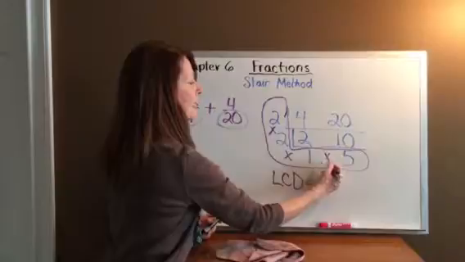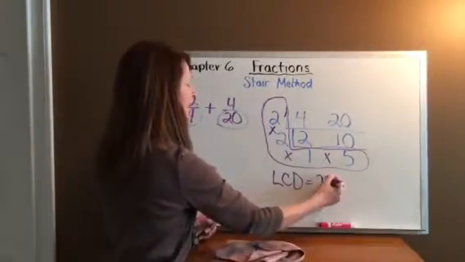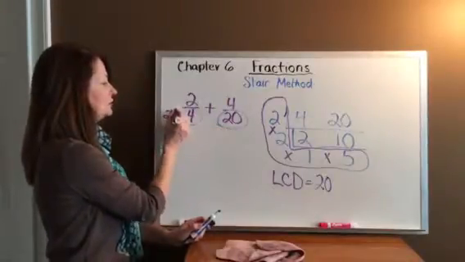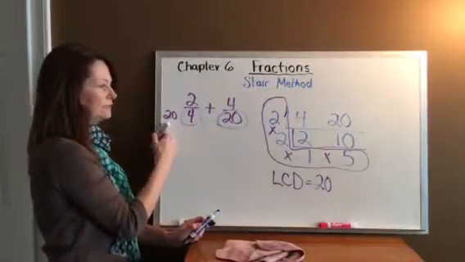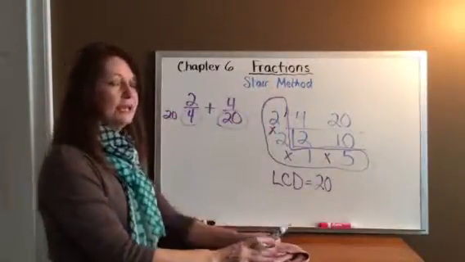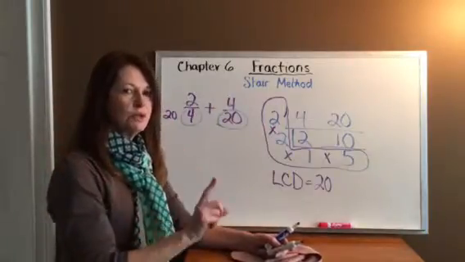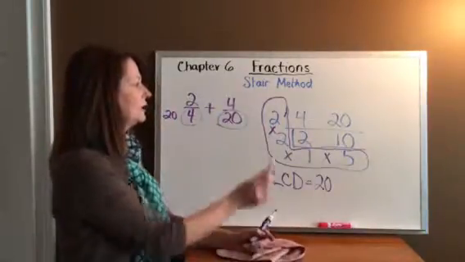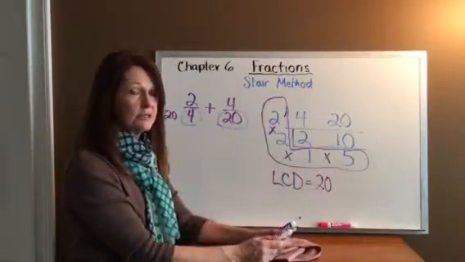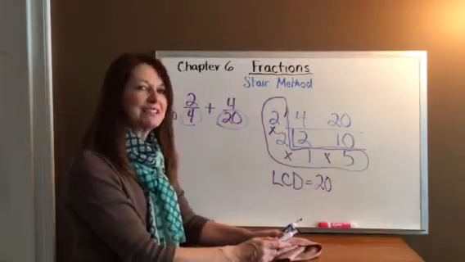So 4 times 5 is 20. Again, look at that. We don't have to do anything to this, but we will be making this new denominator 20. Pretty cool. So the stair method, again, shows us two really cool things. One, it will reduce fractions for us, and it will give us our common denominator, our least common denominator. All right? Very good. Go ahead and go practice some on your own.